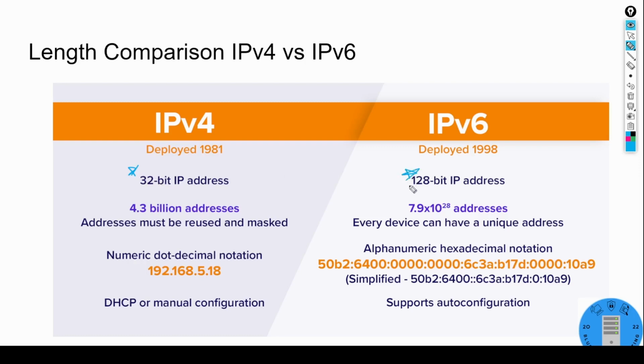IP version 6 is now a 128-bit IP address. With your IP addresses ranging from 0 to 255 at each octet, any combination of those four numbers you can have in each octet will give you 4.3 billion addresses.